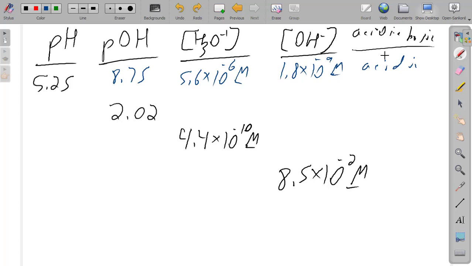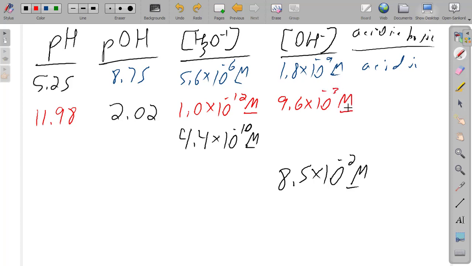All right, when you work through this then, the answers you should get are a pH of 11.98 for the second row, 1.0 times 10 to the minus 12th molar there, 9.6 times 10 to the minus 3 molar there. And again, since the pH is above 7, this solution is basic.